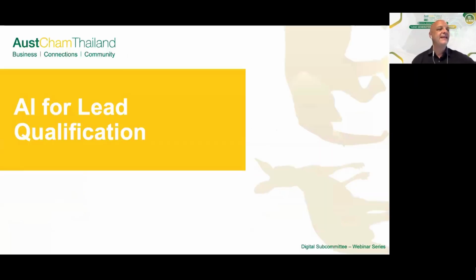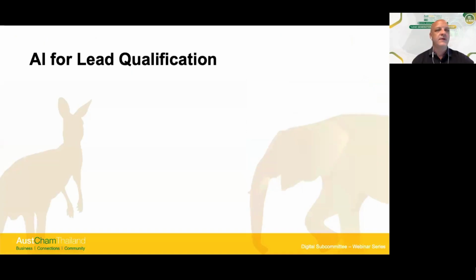So AI for lead qualification. What makes a lead qualified? Now, each business will have their own qualification. It could be size of company, it could be annual turnover, headcount, things like that.